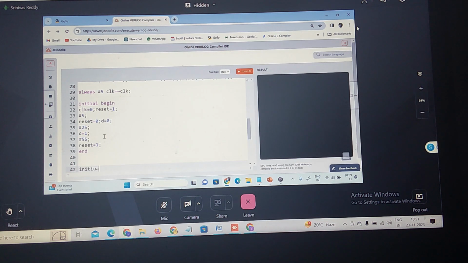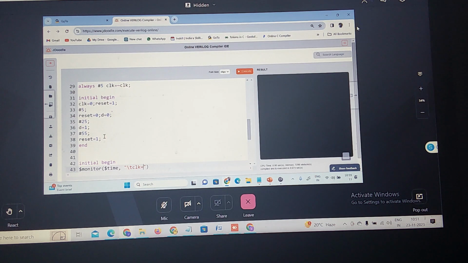Now I am going to go with another initial begin. Let me monitor these values. Dollar monitor. What I need to monitor? Dollar time. Then what I need to print here?